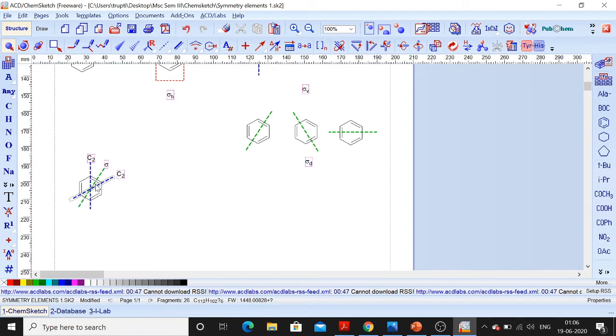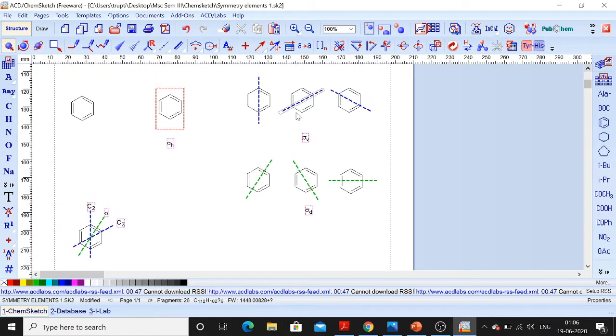Since it is dividing the angle between the two C2, I will call this sigma as sigma D. Okay, so remember sigma D is that plane which divides the angle between the two C2 axes. So here the angle is divided, that's why it's called sigma D. And the other one I can call sigma V.